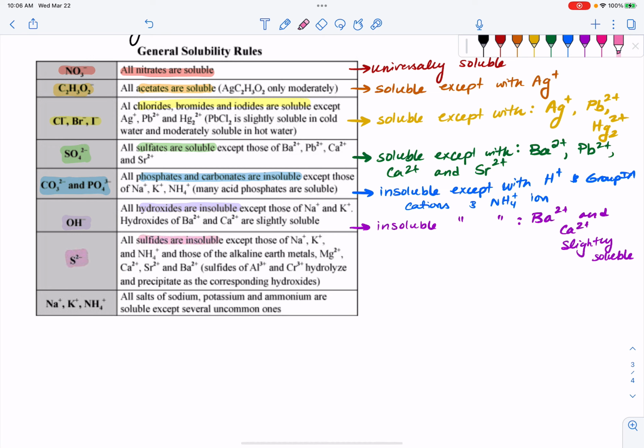And then we have sulfides are insoluble. And we have our exceptions, of course, with our universally soluble cations. But then there are also some other exceptions to note. And then we also have our alkaline earth metals, or our group 2.